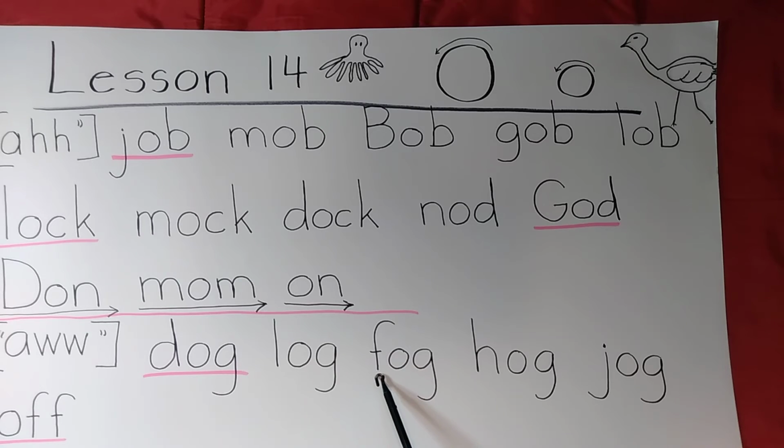Log, f-o-g, fog, h-o-g, hog, j-o-g, jog, off. So these all rhyme: dog, log, fog, hog, jog, which makes it a little easier. All right, teachers, have the students read these to you. Have fun. Use pause.